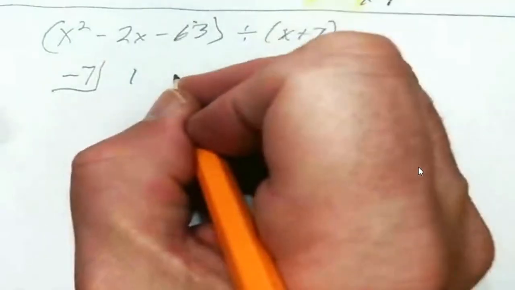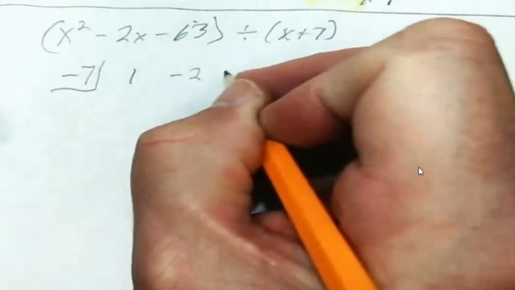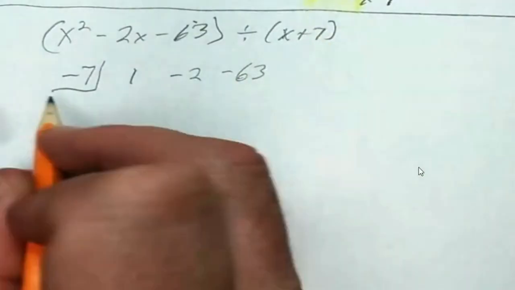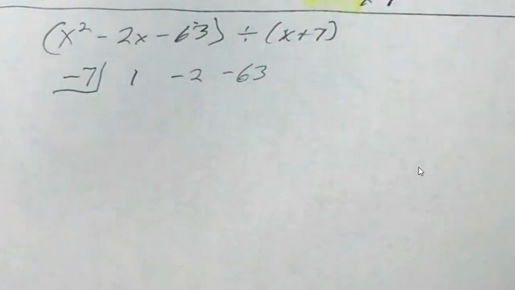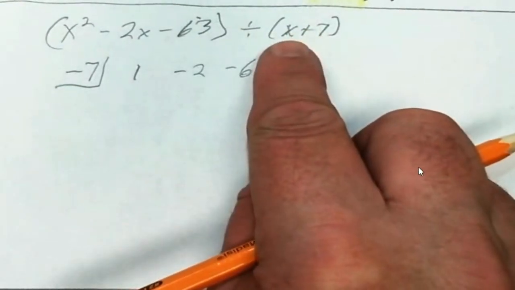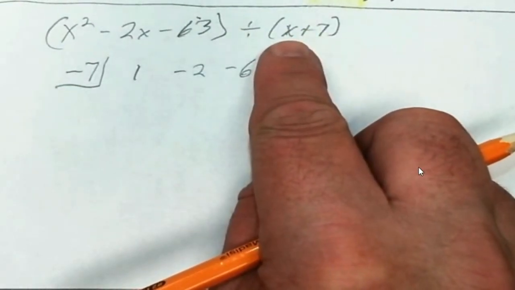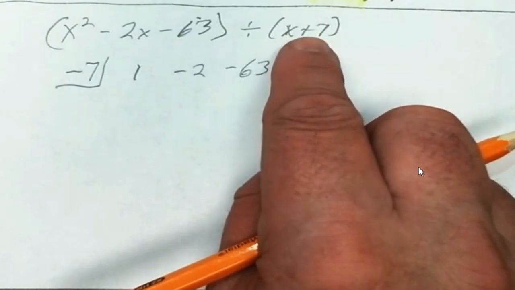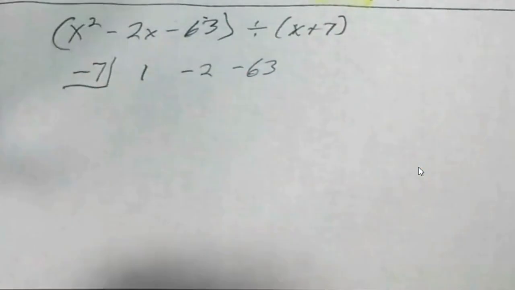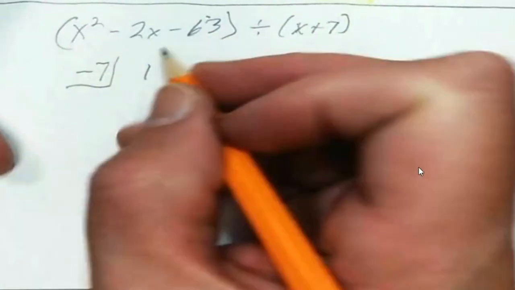This coefficient is a negative 2, and this one is a negative 63. Okay, that's how you set it up. The opposite of the constant in the divisor, and the coefficients of our dividend: 1, negative 2, and negative 63.